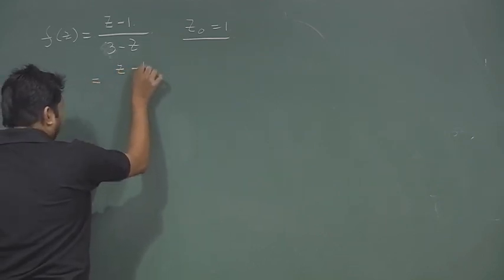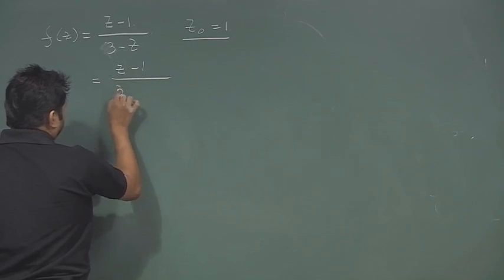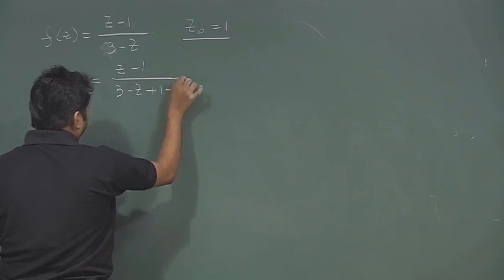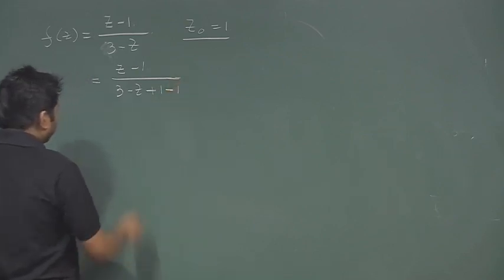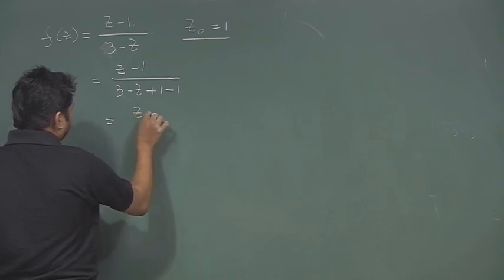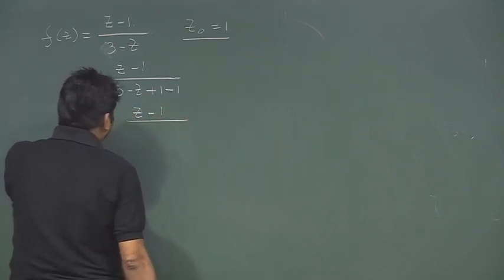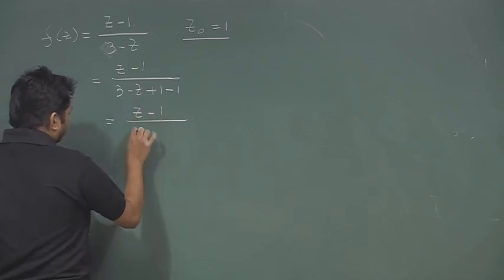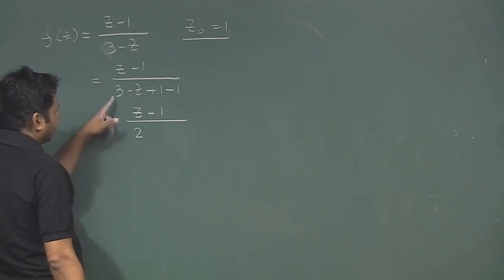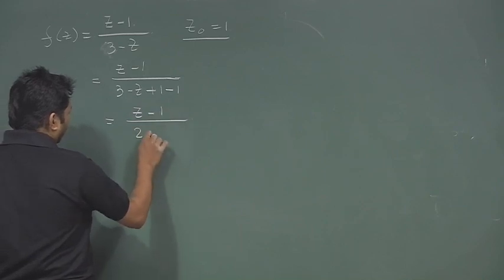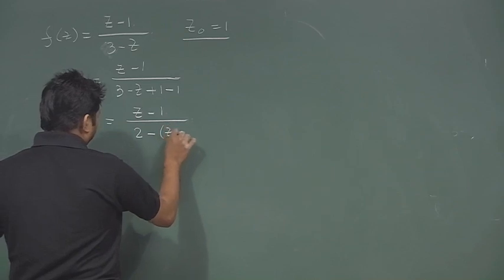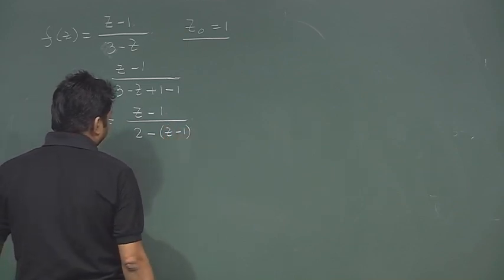So, we will stick to our old process, that means I will add 1 and subtract 1, and as a result let me find what we are getting. 3 plus 1, so I am getting 2, and then 3 minus 1 I am getting 2, and minus, say, (z minus 1) I am getting something like this.